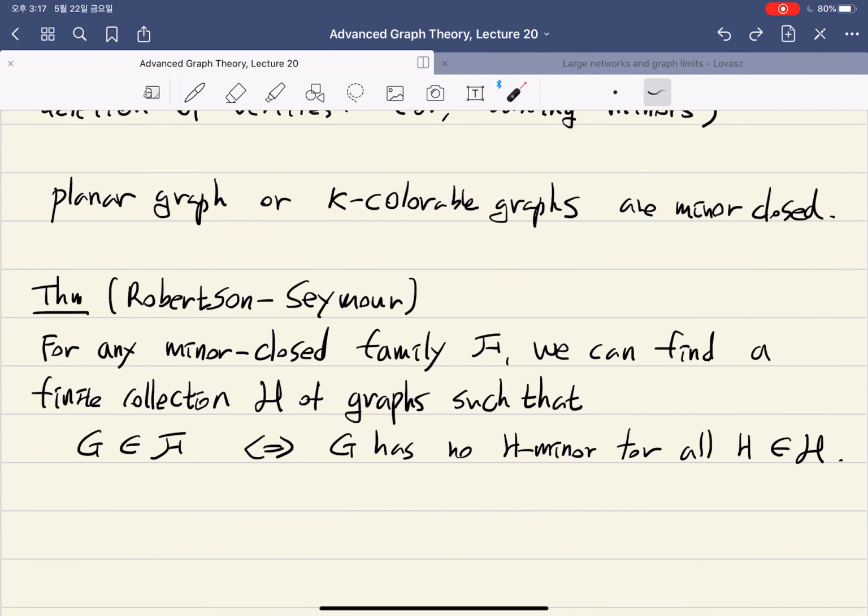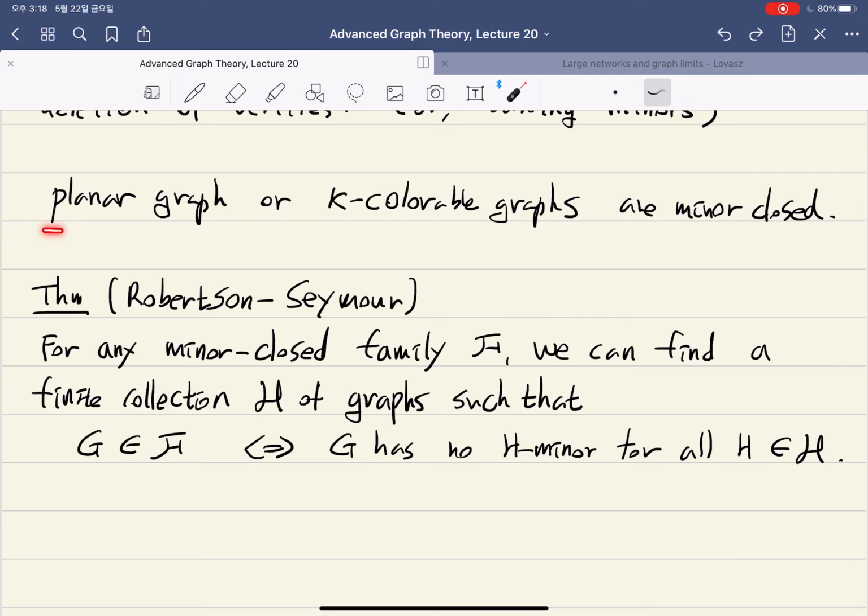For that, we have this theorem by Robertson and Seymour, which says that when we are given a minor closed family F, then we can always find a finite collection H of graphs such that a graph is in this minor closed family if and only if it doesn't have any H minor for all H in this finite list.